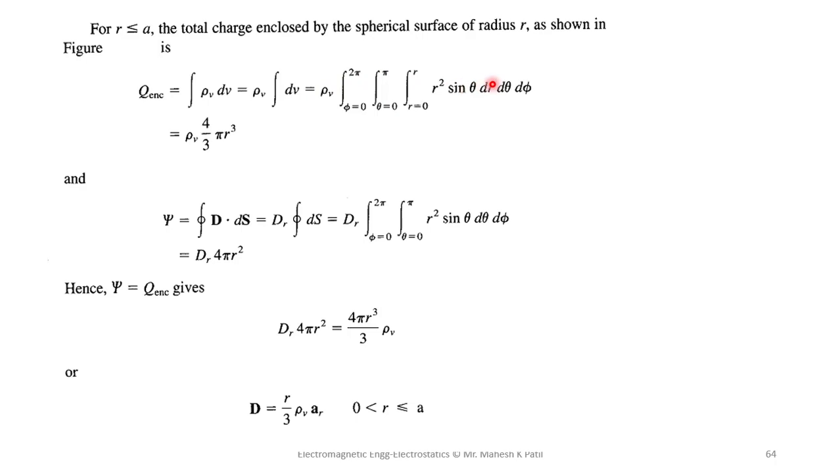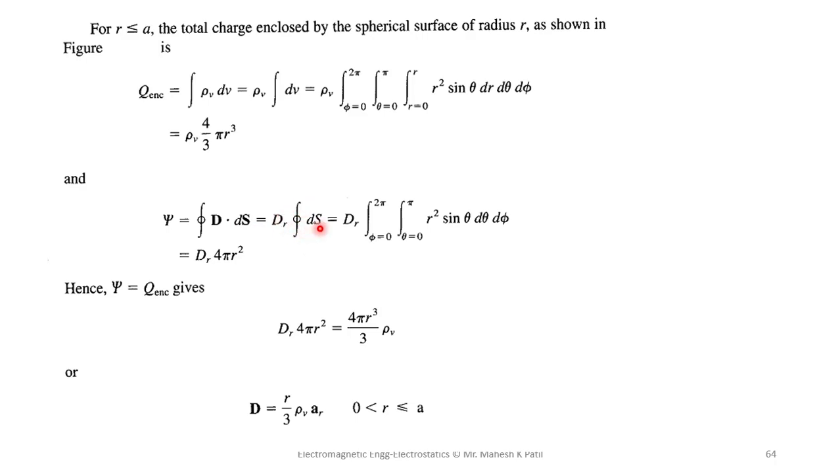After simplification we will get the charge enclosed as rho v into 4 upon 3 pi r cube, and the flux given out by that sphere is the closed loop integration of D bar dot dS bar. So it is Dr closed loop integration dS.